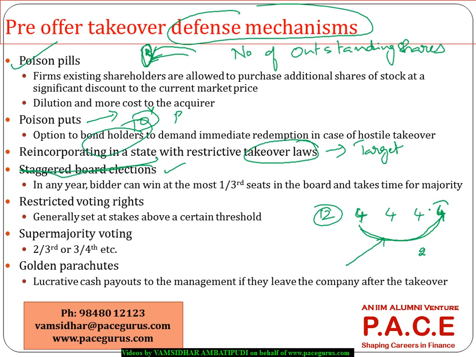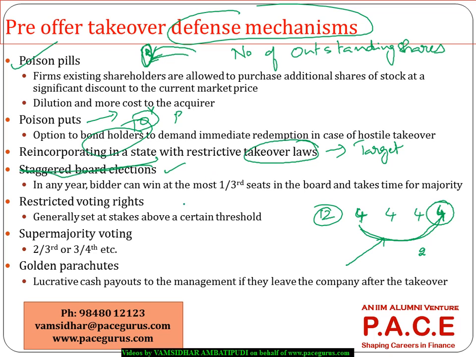So it may not come out into a majority. To get the majority, there is a 2-year time frame, within which this particular company can plan out some other activity in terms of preventing the acquisition process altogether. So staggered board elections can very much stop the acquisition activity.